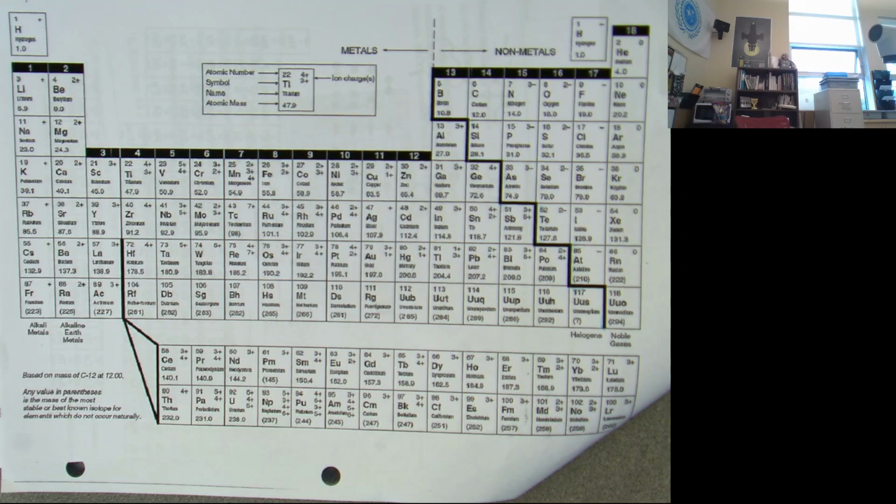They don't share. So instead of drawing these loops, we draw arrows showing which way these electrons go. So you have two options. Either lithium can give up the 1, or phosphorus is going to give up the 5. They're going to give up the 1.